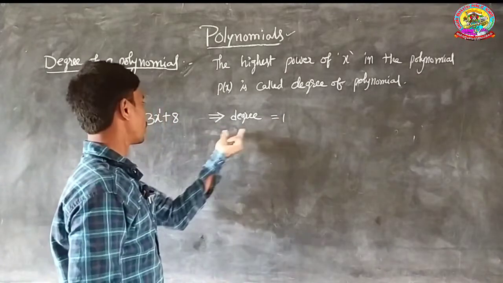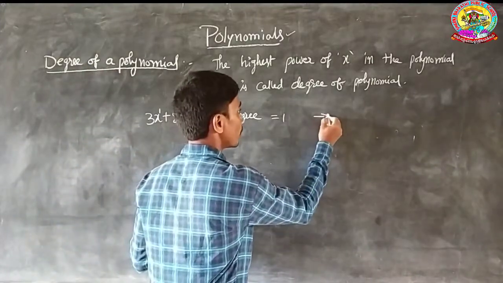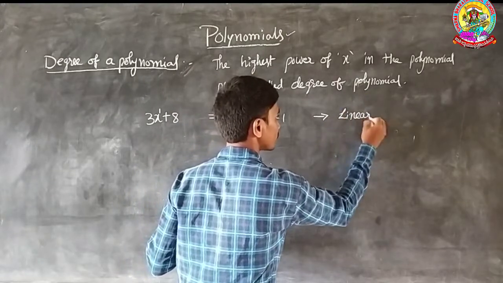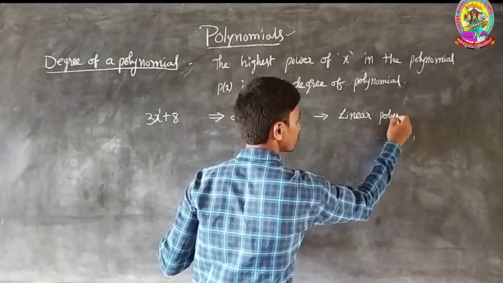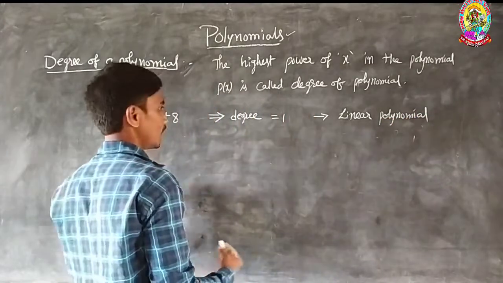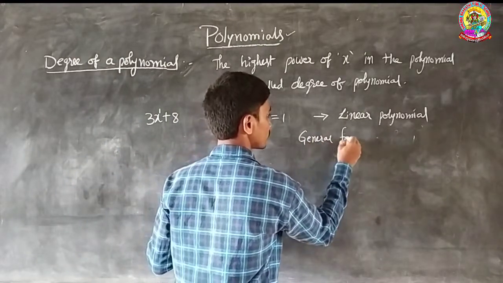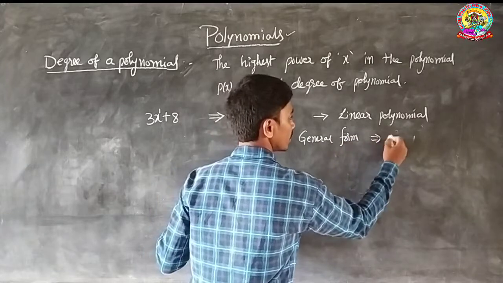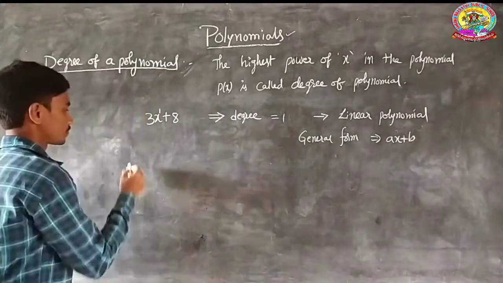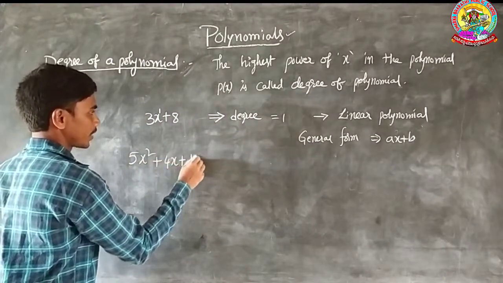If the degree of a polynomial is 1, that is a linear polynomial. General form of a linear polynomial is ax plus b.